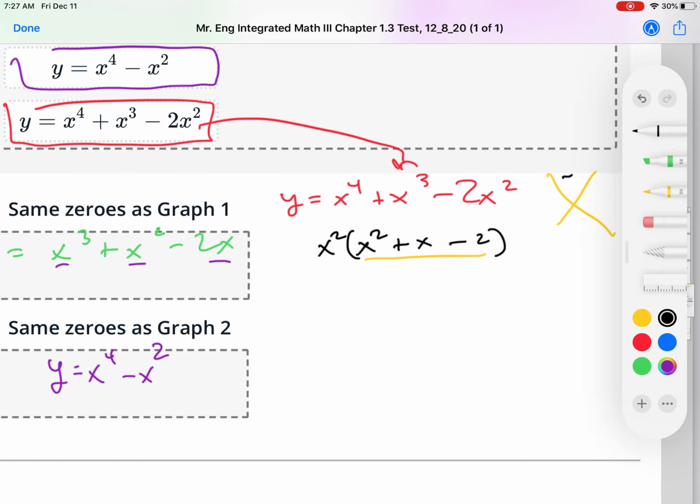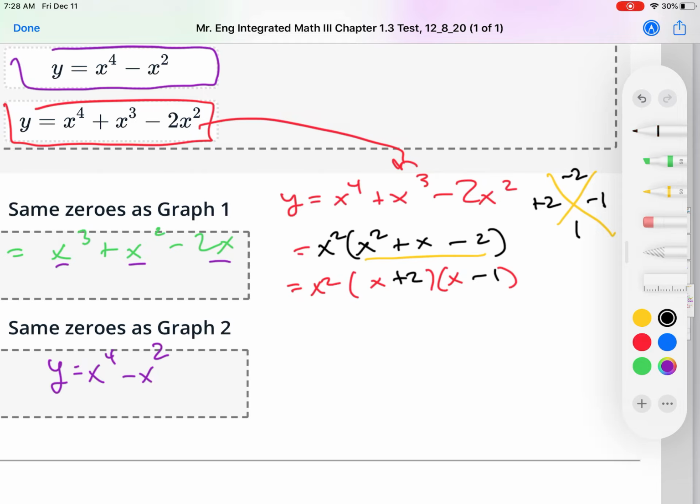A times c is -2, b value is +1, so 2 and 1, positive and negative. +2 times -1 is -2, and 2 minus 1 is 1. So +2, -1. So x squared, x plus 2, x minus 1.